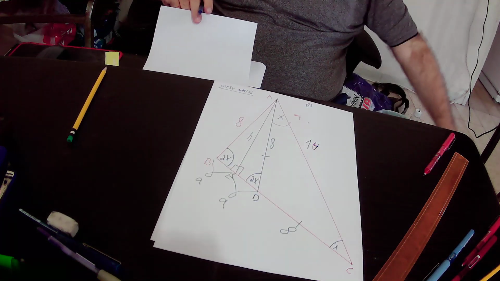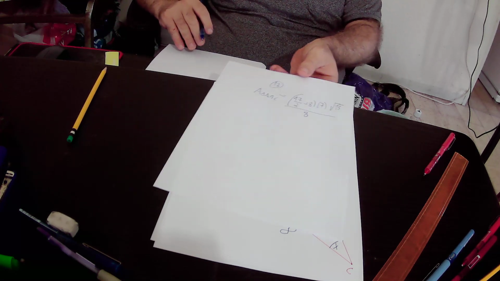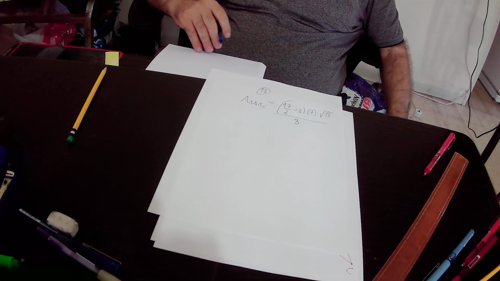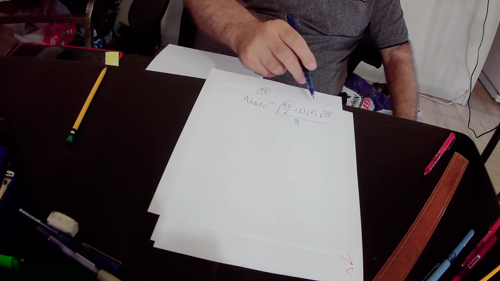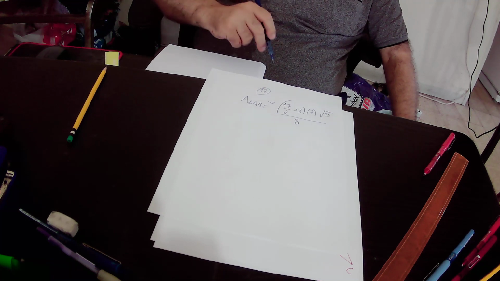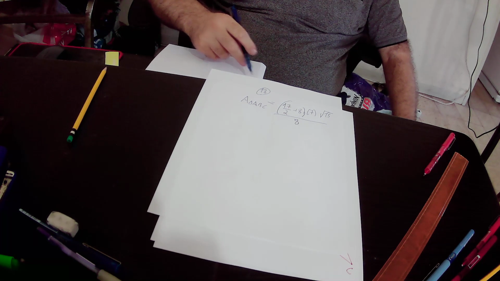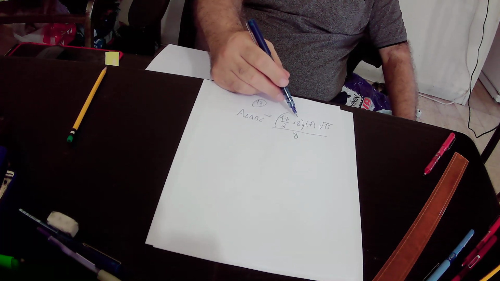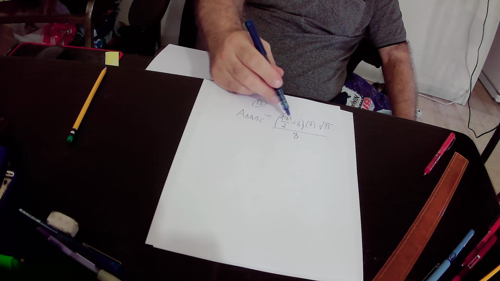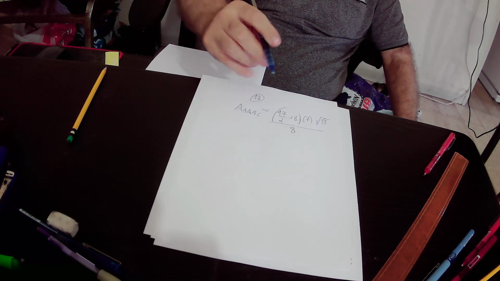So in total we got that the area of triangle ABC equals 17 over 2 plus 8 times 7 times root 15 over 8. Okay, so here instead of 8 we can write down 16 over 2, and 2 will be the common factor of this expression.